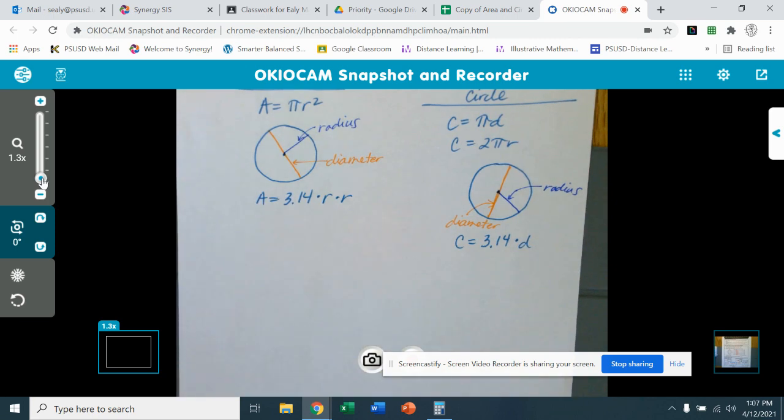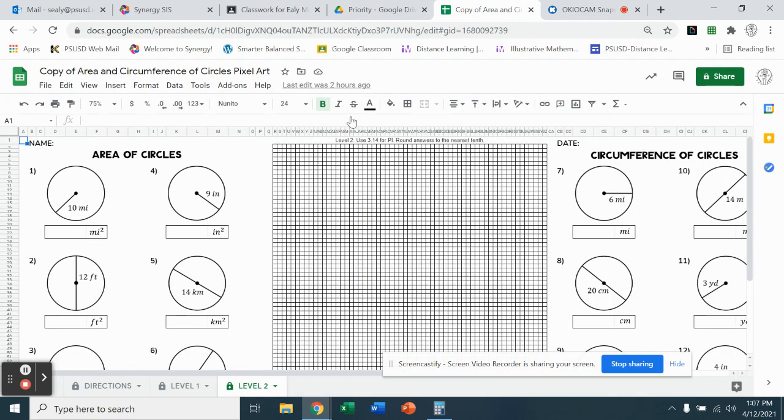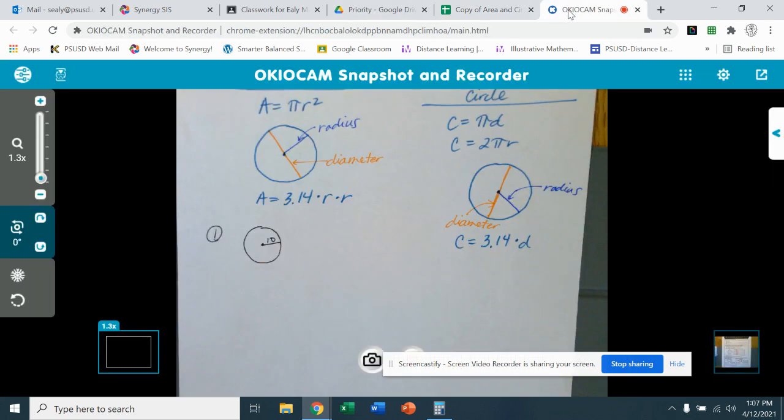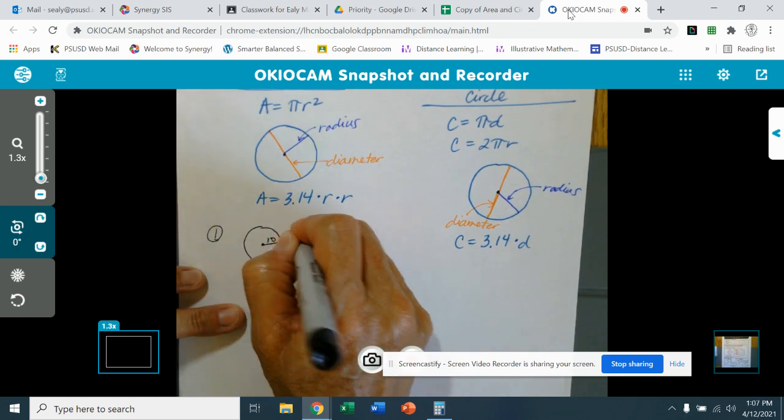Okay, let's see, what problem are we going to do? Let's do problem number 1. Here they give me a circle with a radius, and remember, we're going to round to the nearest tenth, and the radius is 10. So here's my circle, and I need to find the area.